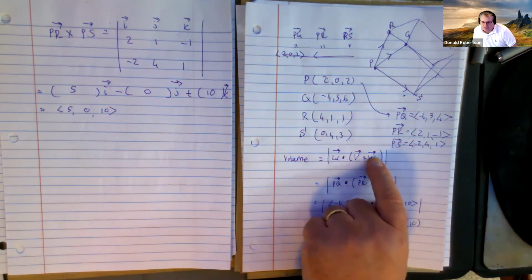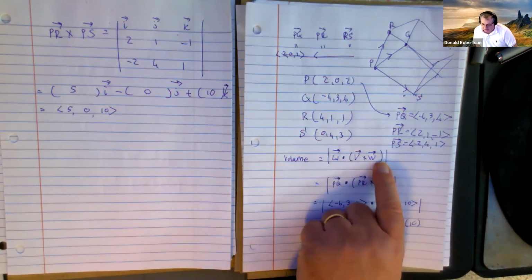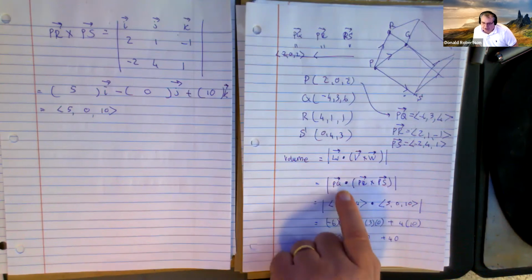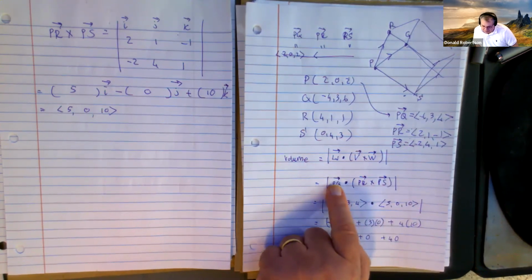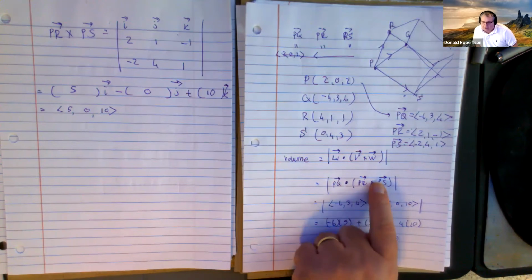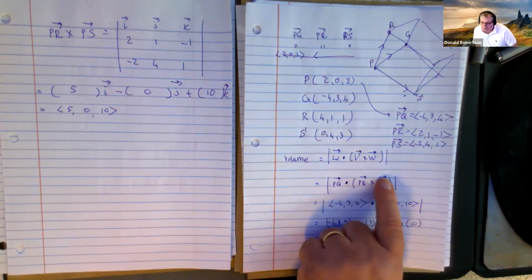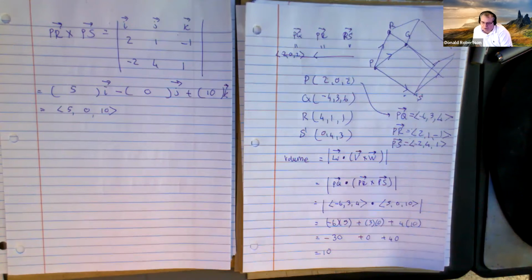Now, side issue. These three can be interchanged any way you like. For instance, I did PQ here and the other two there. I could have made this PR and put the other two here. I could have made this PS and put the other two here. And although the numbers individually might look different, the final result would be 10 in each case.